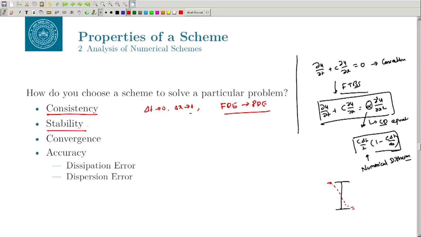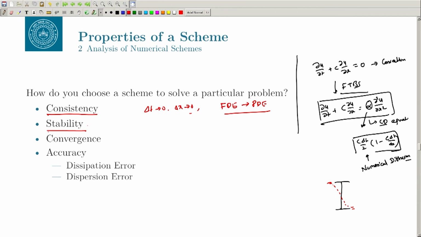So, how do we determine stability of a scheme a priori before using it in a problem? Of course, when you use a scheme without thinking about it, it is likely that it will blow up, and then you have to go back and find out why it blew up. So, that is what we are trying to find out, whether the scheme is stable or not, and there is a formal definition to that. We will look into that later.